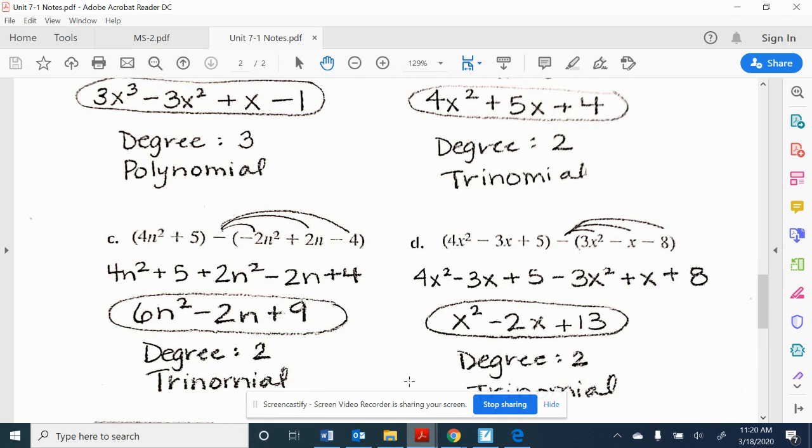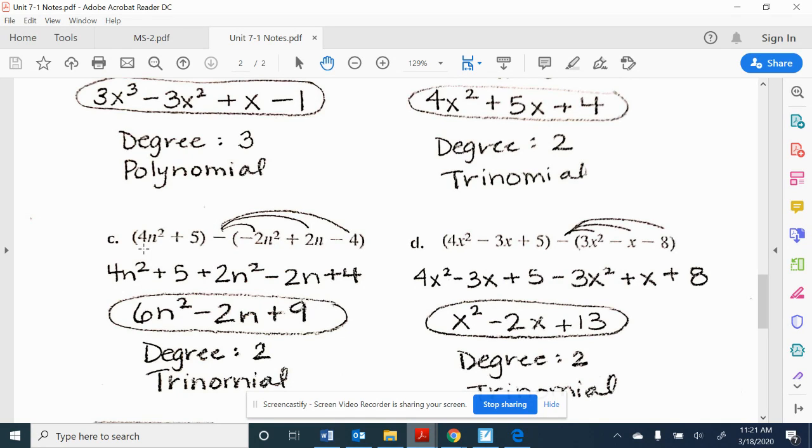Okay, let's do the next one. 4n to the second plus 5 minus negative 2n squared plus 2n minus 4. So you see the parentheses here? We're subtracting. We have to distribute that minus to everything there.